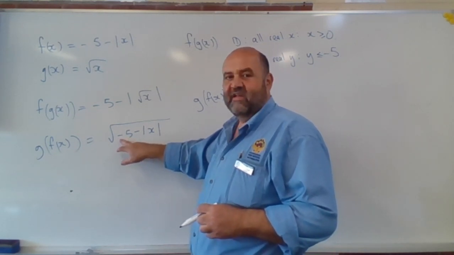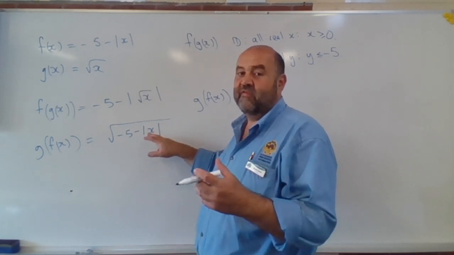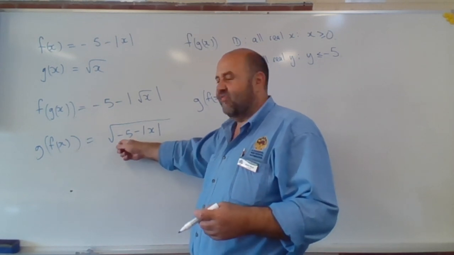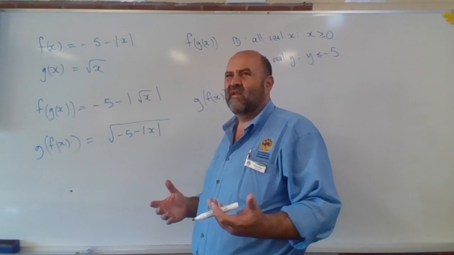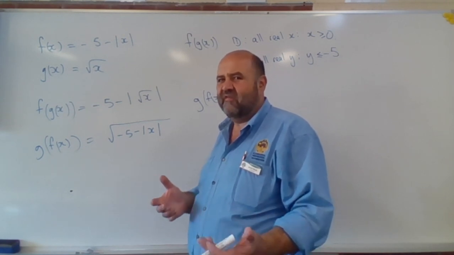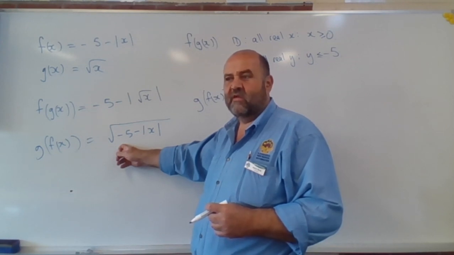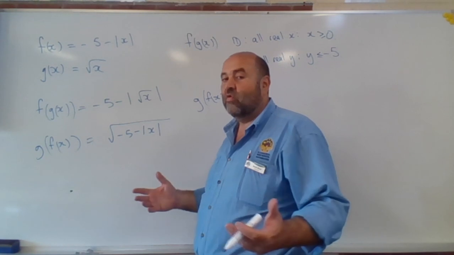Well, have a look at this. -5 minus some positive, because the absolute value of whatever value I put in for x is going to be bigger than or equal to 0. So it's -5 minus something that's bigger than or equal to 0. Well, that's always going to be -5 or below, and I can't square root that. So there's no domain. There's no x values allowed at all.